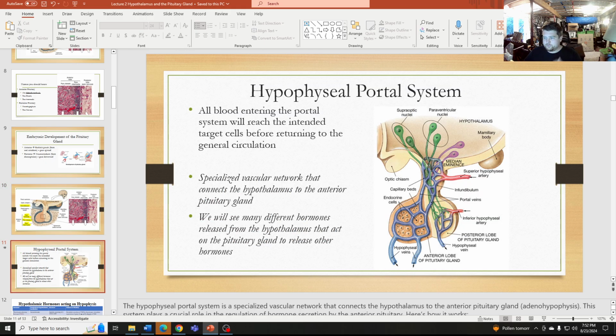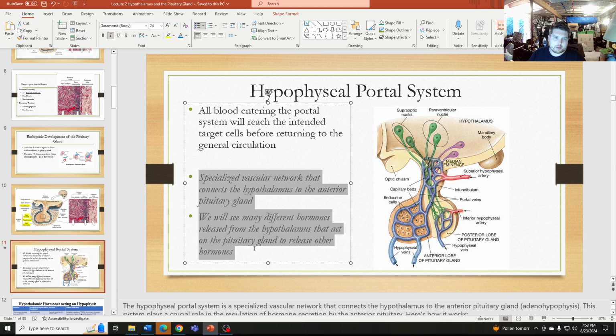Now, getting to our actual first question, the role of the hypothalamus in the control of the endocrine system. There is a clear connection between the hypothalamus and the pituitary gland. There are special vessels as well as special neurons which connect these structures.